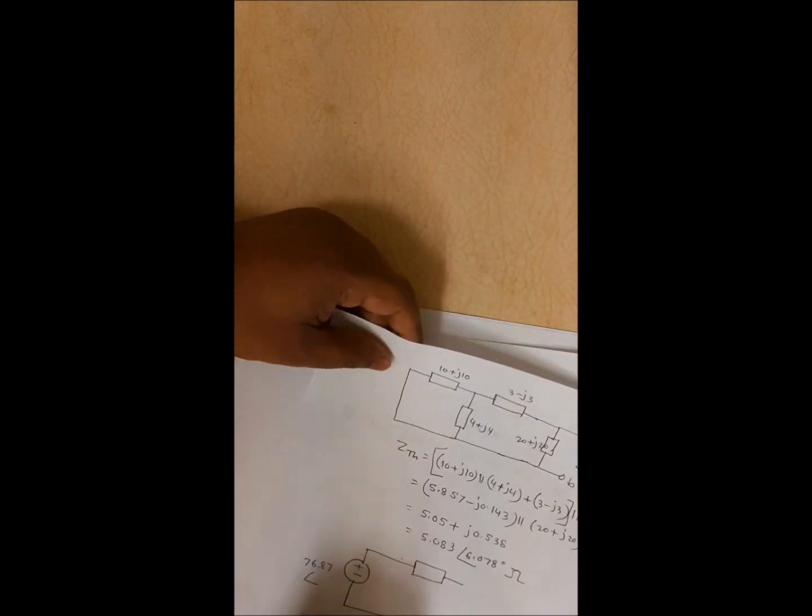So this is B Thevenin: 76.87 at angle 58.96, and Z Thevenin is 5.083 at angle 6.078.